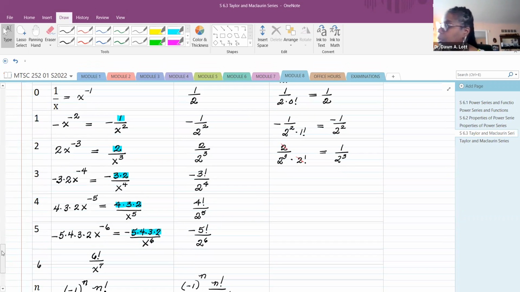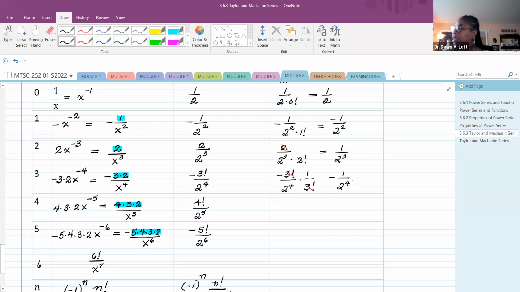The next one is -3 factorial over 2 to the 4th, but I'm again dividing by 3 factorial. So the 3 factorials are going to divide out. So I'm going to get -1 over 2 to the 4th.